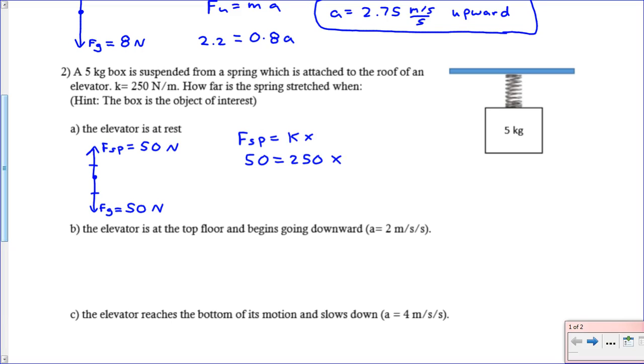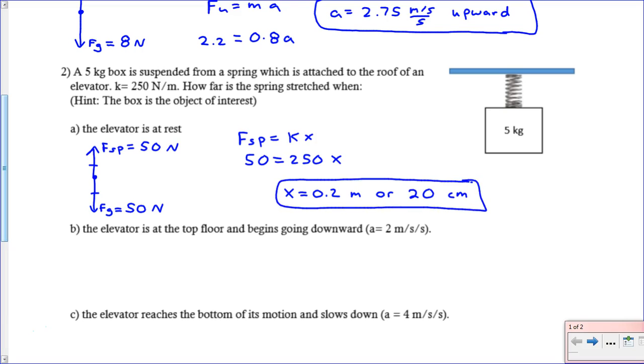We divide both sides by 250, and we get x equals 0.2 meters, or if you want to put that in centimeters, which might be a little bit more normal, it's 20 centimeters in the end. So either one of those is acceptable, 0.2 meters or 20 centimeters.